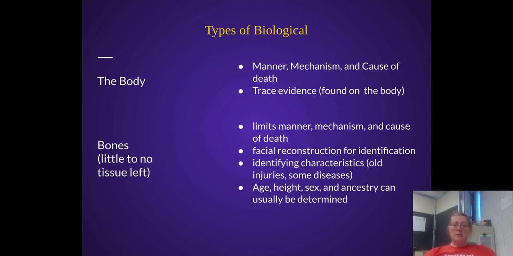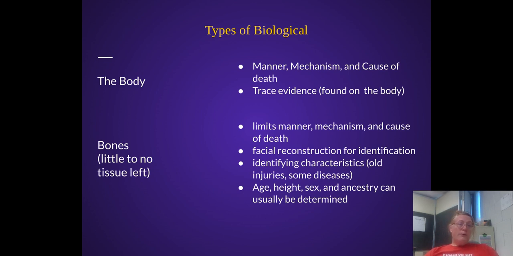You find a very old burial ground, and all you have is the bones. That's going to limit whether or not you can find the cause of death, because if they were only stabbed in soft tissue, or the bullets only went through the soft tissue and there's no bullet left there, they weren't killed there.